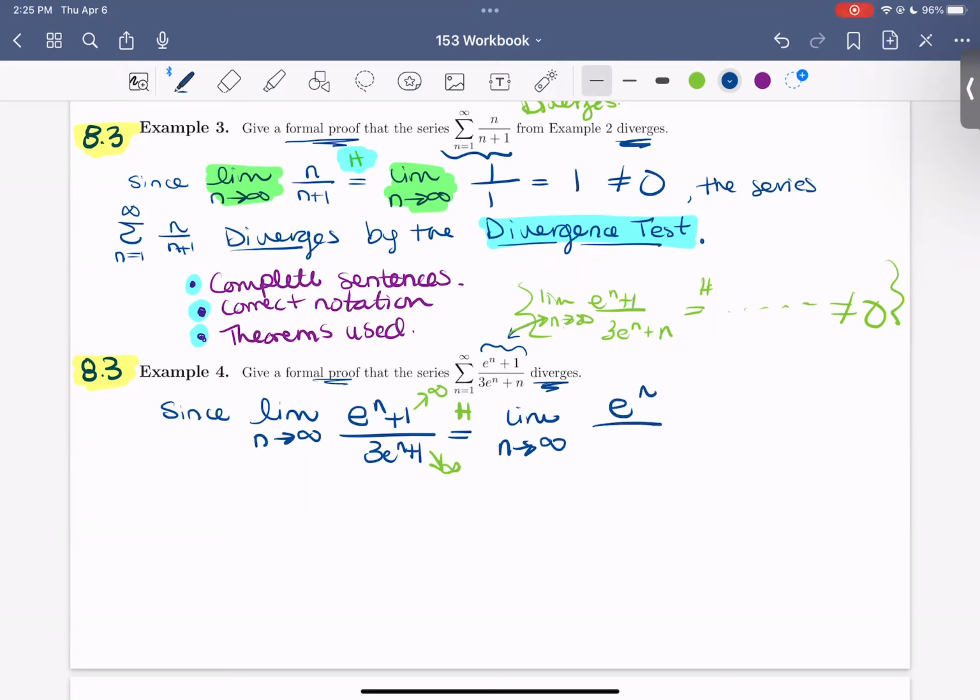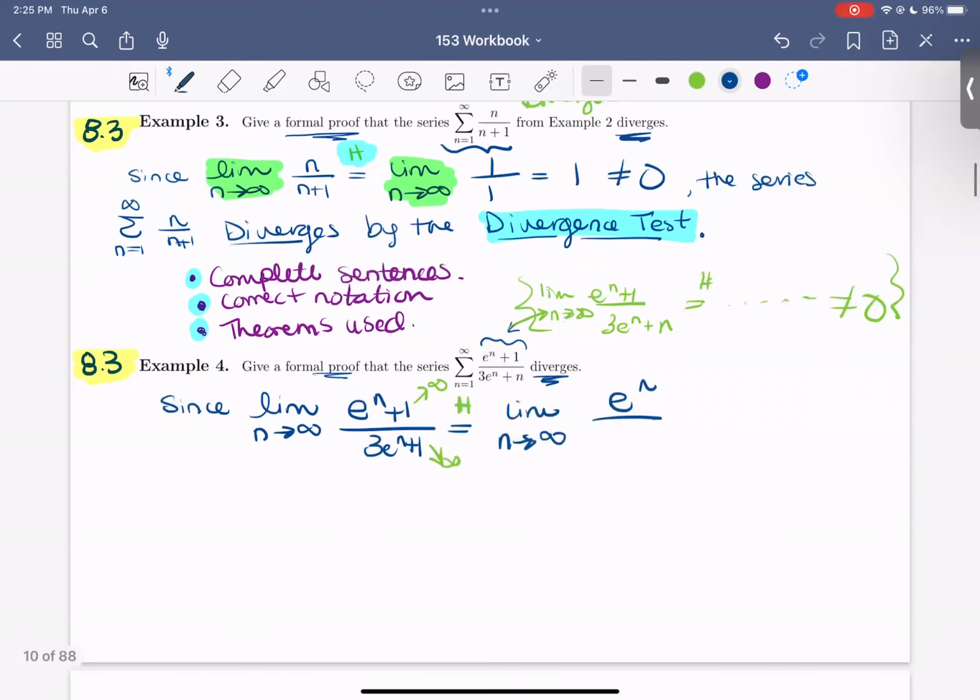Derivative of 3e^n, oh, and that was a plus n. So the derivative of 3e^n + n is going to be 3e^n again, plus 1. Now we can determine again, numerator goes to infinity, denominator goes to infinity.